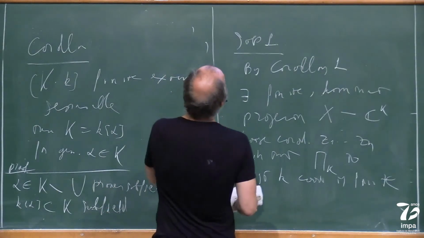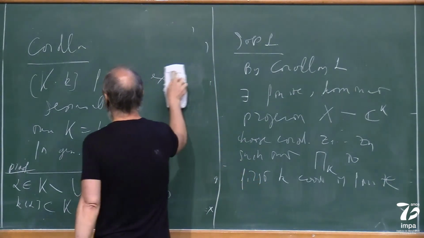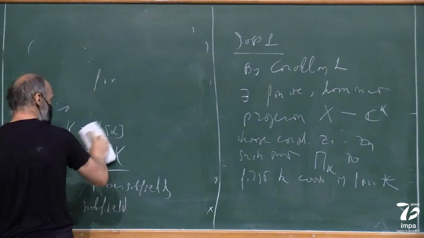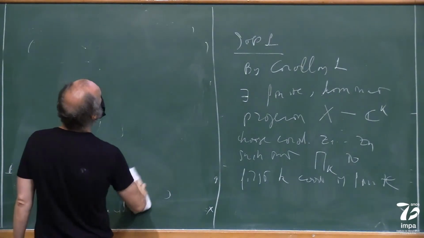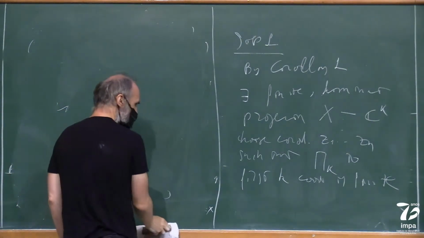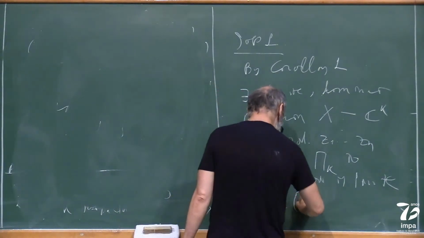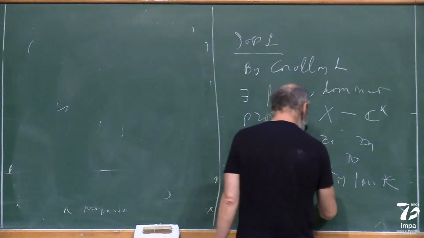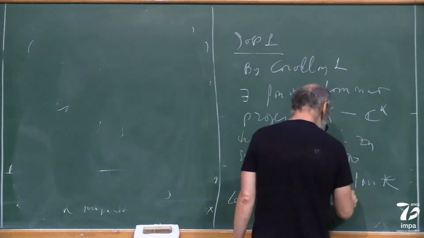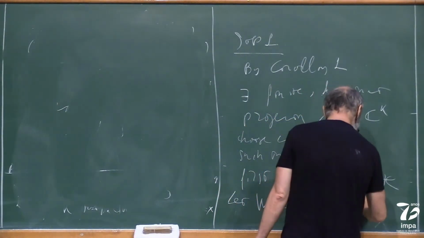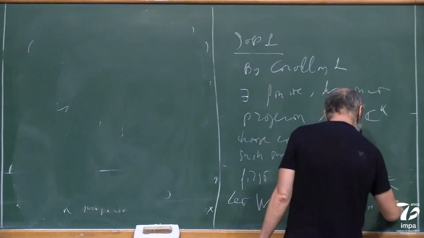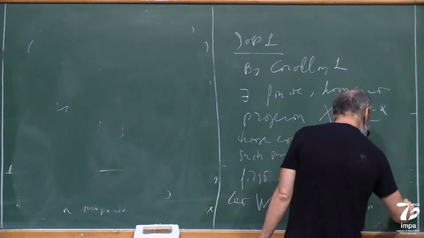Now consider the space W. Let W be the subspace in O(X) generated by the rest of the coordinates, z_(k+1), ..., z_n.